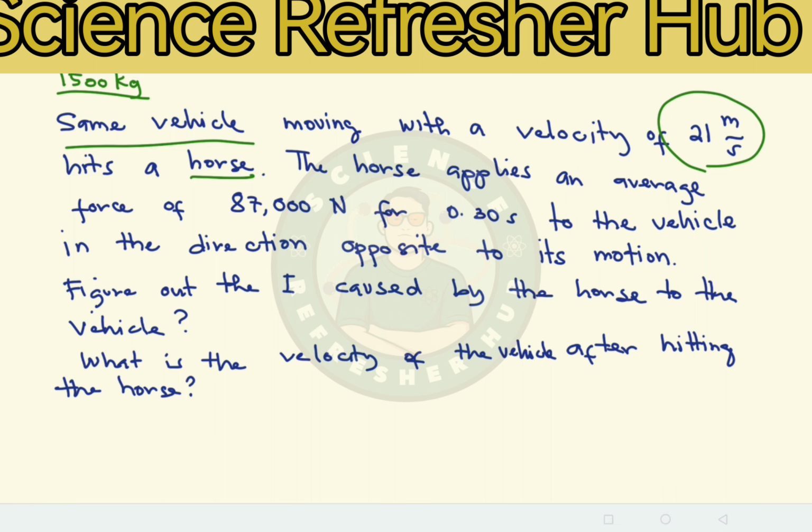Okay, but the horse this time is not injured, it's just being hit by the vehicle, and then the horse continues to walk along the road.